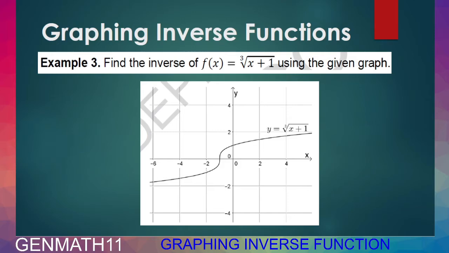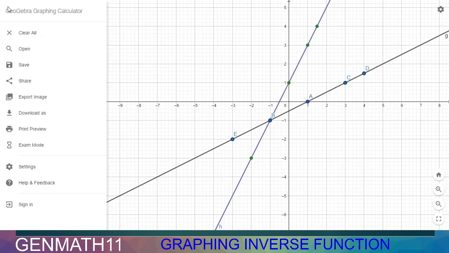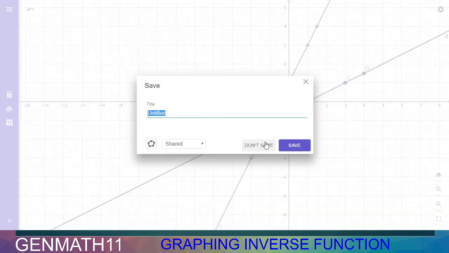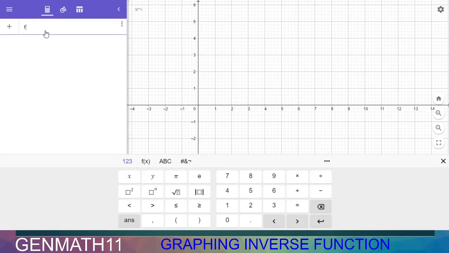Okay. So, try natin siyang i-graph dun sa ating graphing. So, delete lang natin yung kanina nating ginawa. Clear all. Don't save. Then, lagyan lang natin dito yung function. Parang f of x na naman yung ginamit natin. Parehas lang.